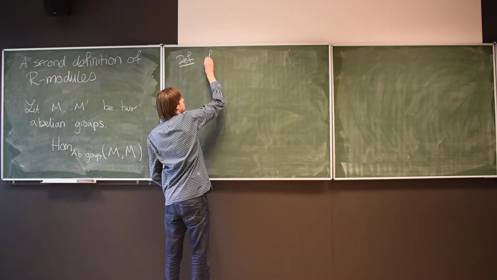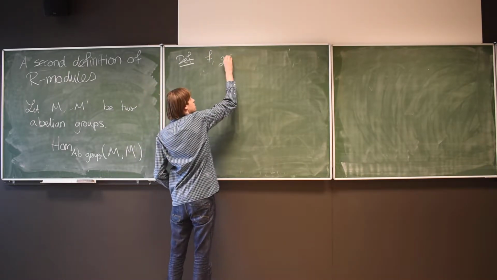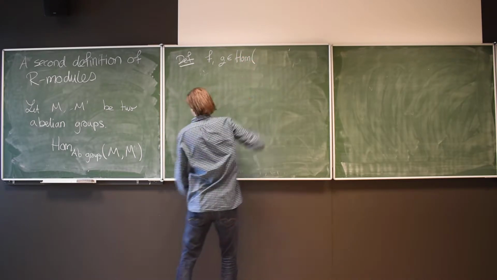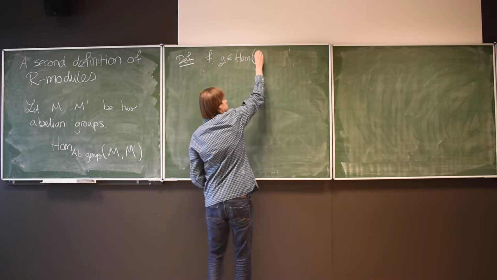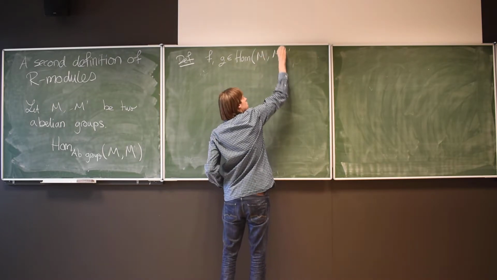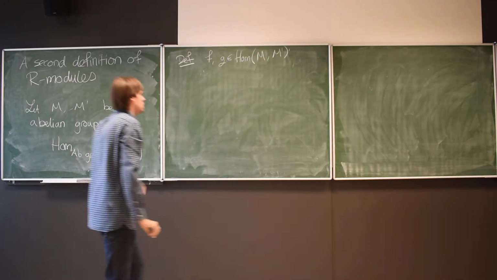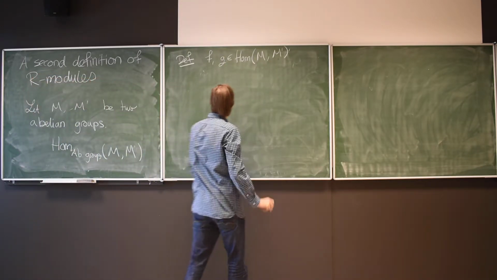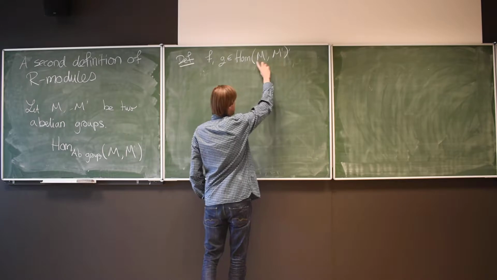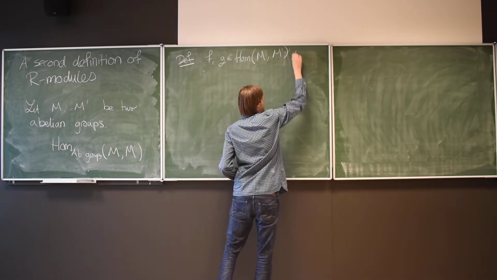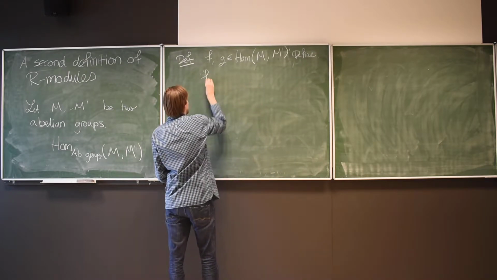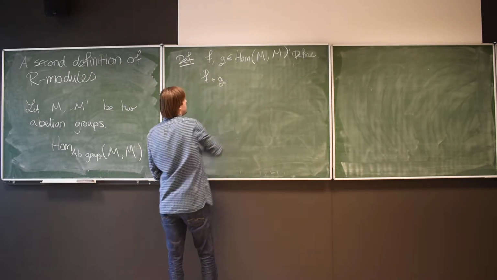If f and g are elements in Hom, so I'm going to drop the subscript groups, just leave that implicit. So if I take two morphisms of groups from M to M prime, so abelian groups, and then I define f plus g.